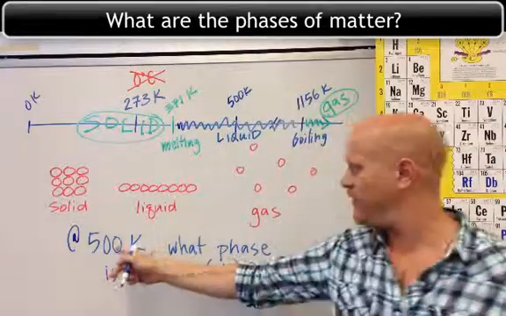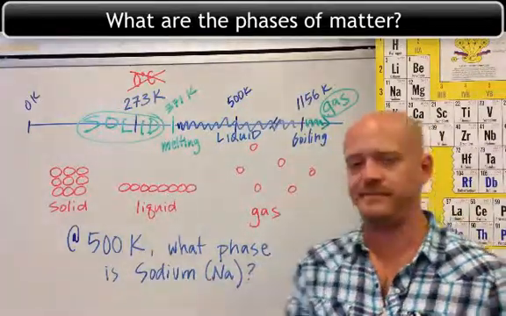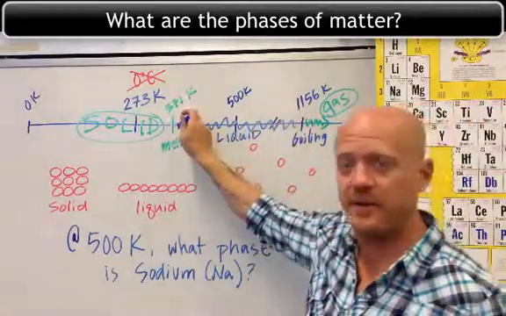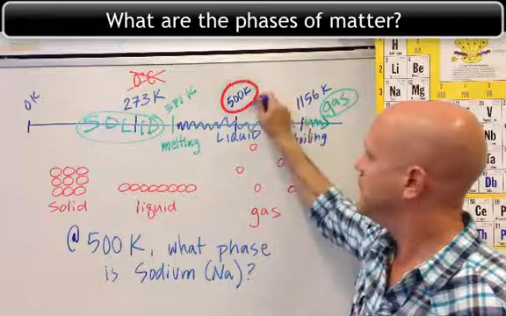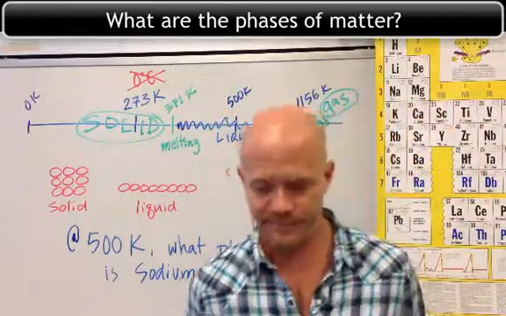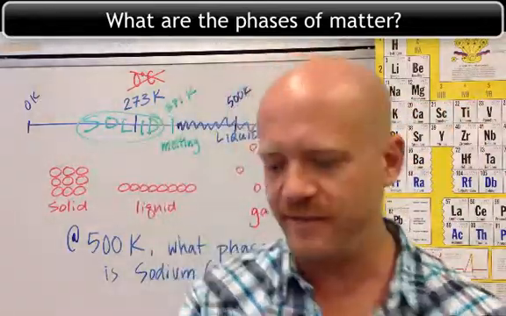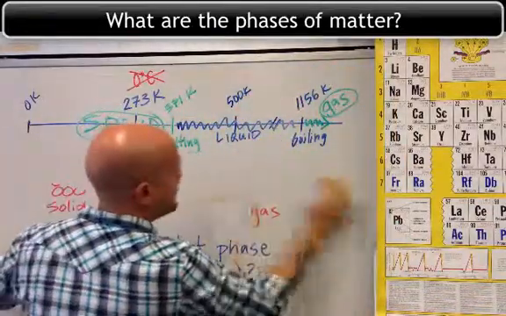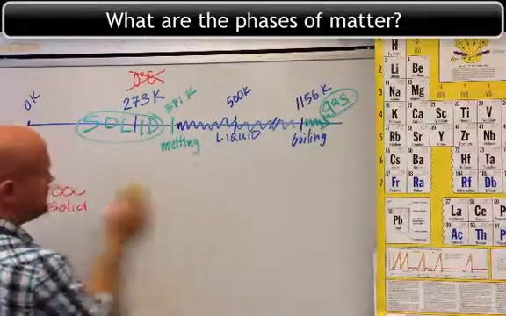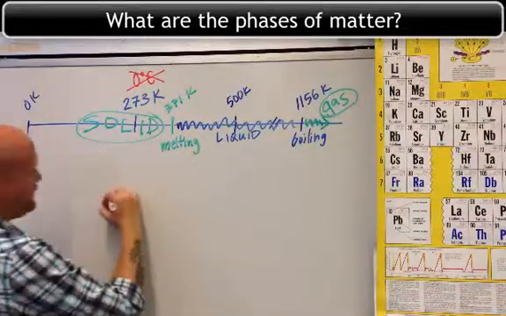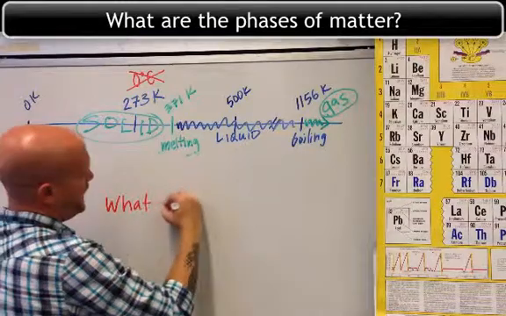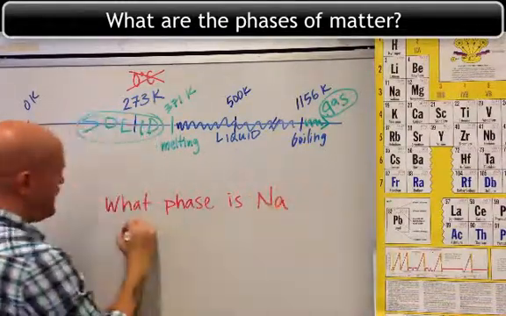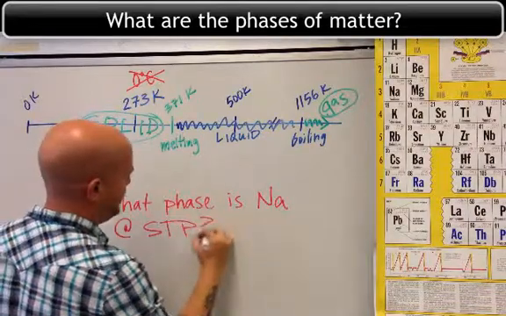So at 500 Kelvin, what phase is sodium? 500 Kelvin falls in between the melting point and the boiling point. Sodium would be a liquid. Now let's look at another way of asking the question. What phase is sodium at STP?